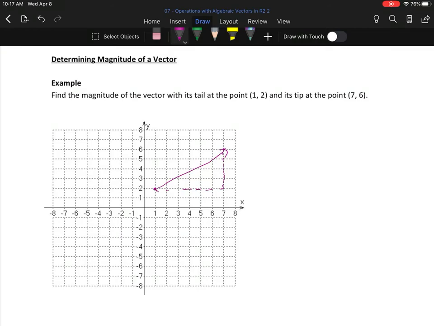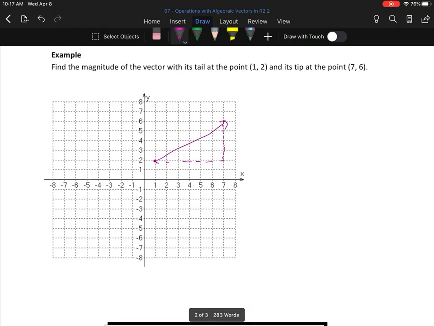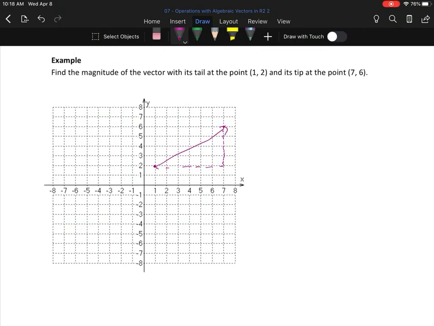And so I'll formally write here what you would do. I'll call this vector u, and so the length of u will be the square root of the delta x squared plus the delta y squared. That is just the straight up Pythagorean theorem.